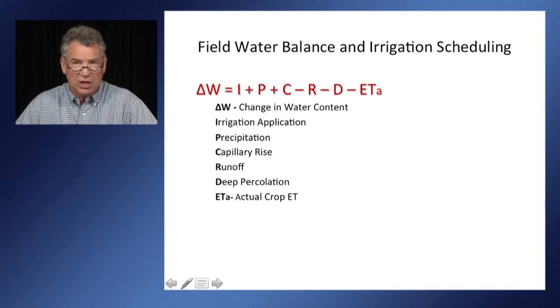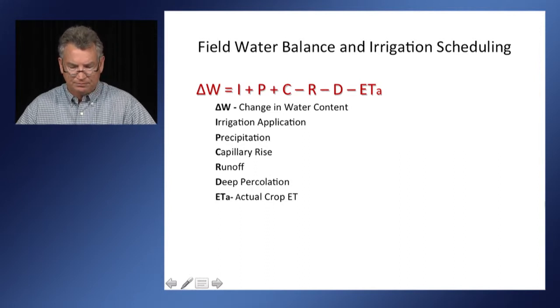In some cases, a shallow water table might exist, and capillary rise would then be a positive or an input to the system. And then things that take water away from the system or out of the system would be considered things like runoff, or deep percolation losses where water moves below the root zone and is no longer available to the crop. And then actual crop evapotranspiration, denoted here by ETA.